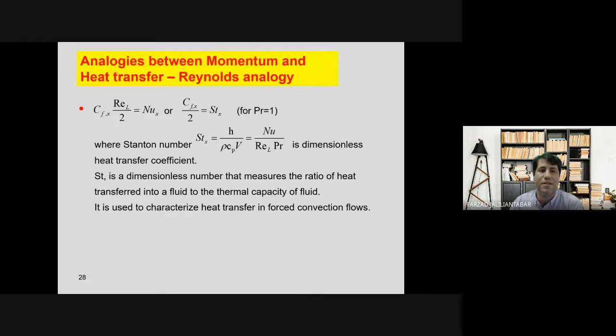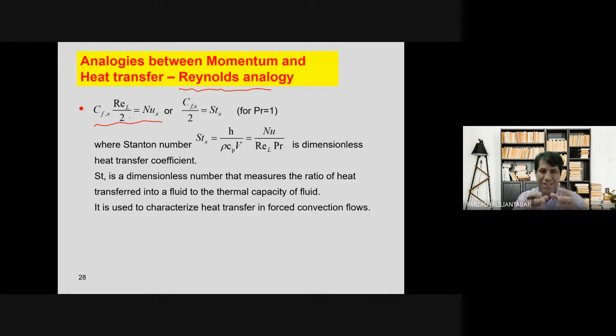And by using the analogy between momentum and heat transfer, which we also call the Reynolds analogy, we can find interesting properties. For example, here, if you notice, Cfx, the local friction coefficient, is related to the local Nusselt number.